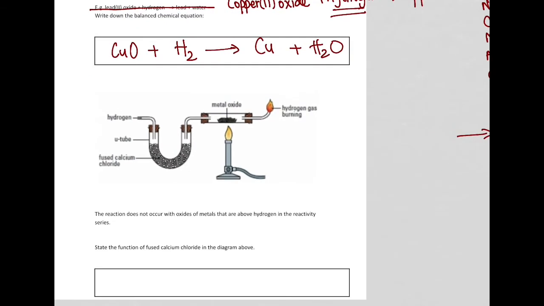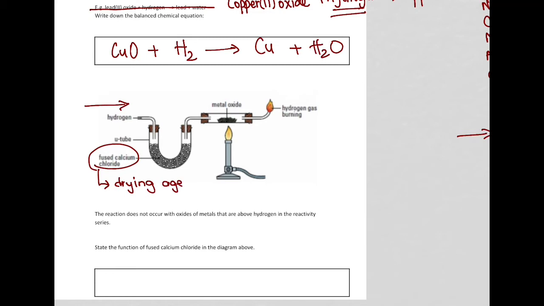Now the setup for this reaction is given here. Hydrogen is going to be blown into the reaction setup through this delivery tube, as you can see here. And then you have a U tube which contains fused calcium chloride. Fused calcium chloride is a drying agent.